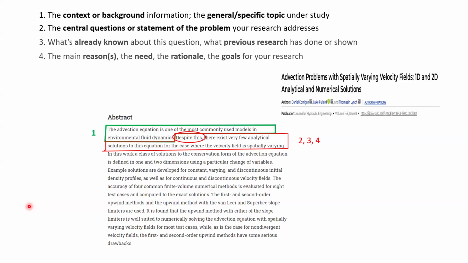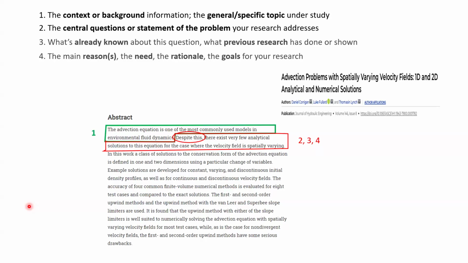There exist few analytical solutions to this equation for the case where the velocity field is spatially varying. Now, can you see this refers to the central question and also what is already known and also the reasons or the goals of your research, right?